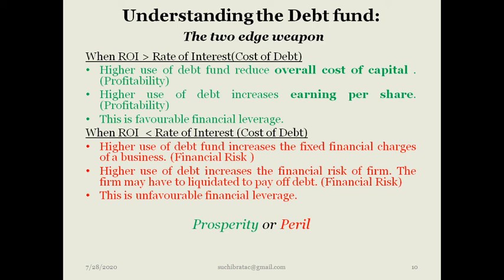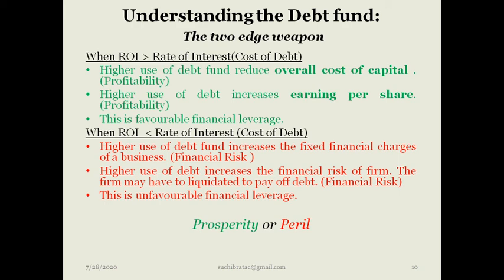As we already discussed, if the firm is not able to repay the debt amount, the return on debt amount, then they may have to sell their assets, and whatever they gain by selling their assets will be used for paying off debt. So that is again inviting financial risk for the business firm, and this is a condition of unfavorable financial leverage.